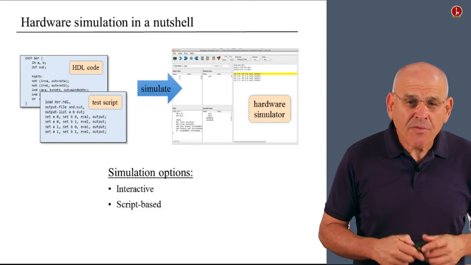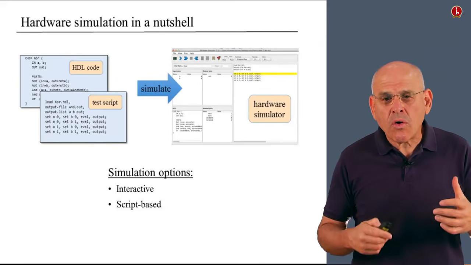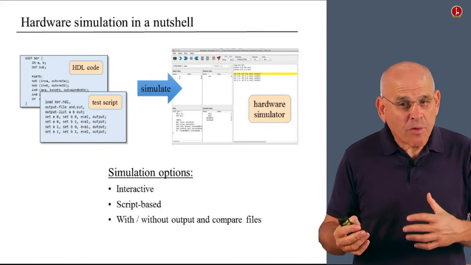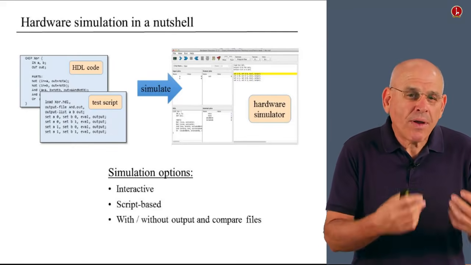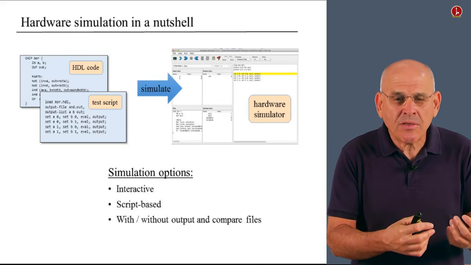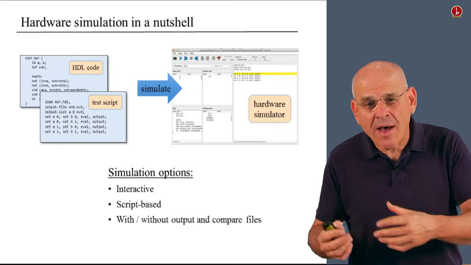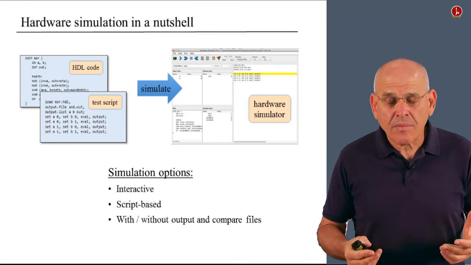And finally, if we want, we can record the output of the simulation on something called an output file, and we can even compare the results of the simulation to a desired output, which is stored in yet another file called a compare file.